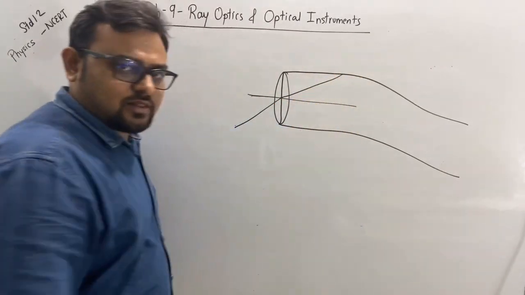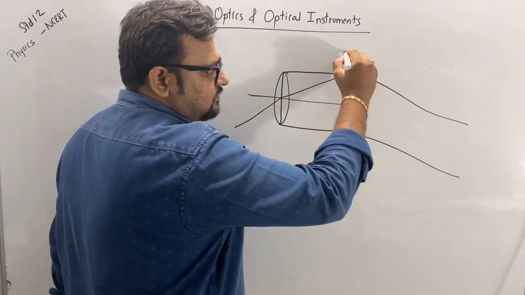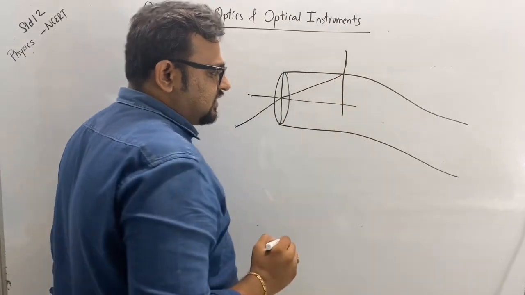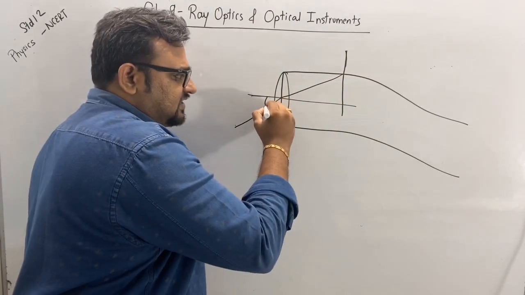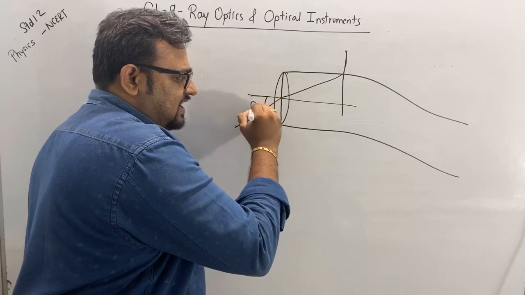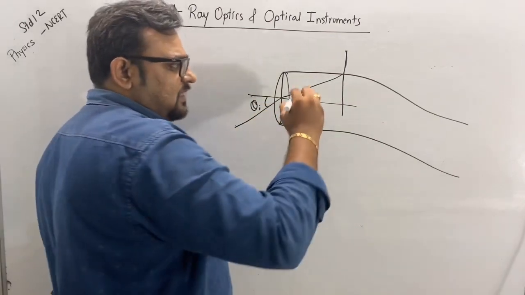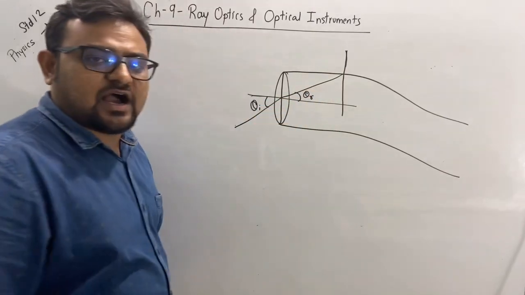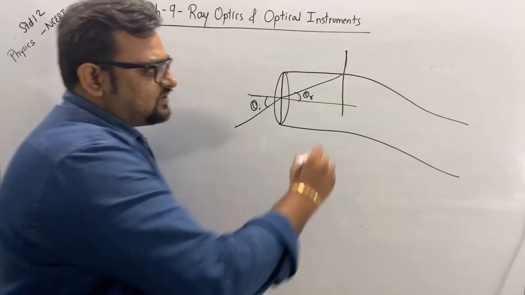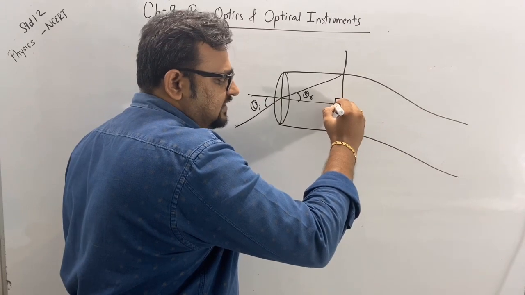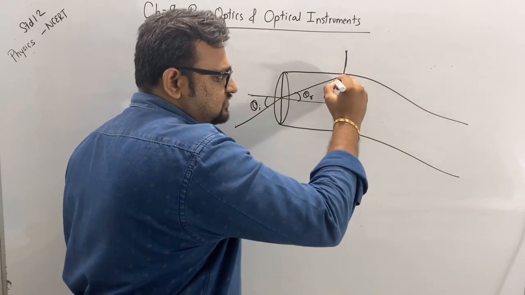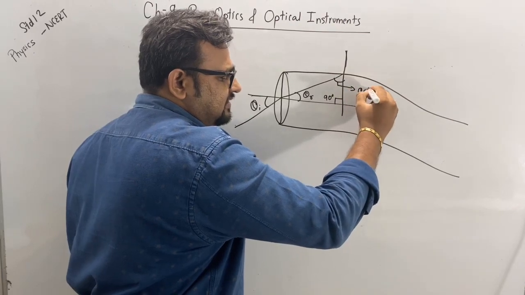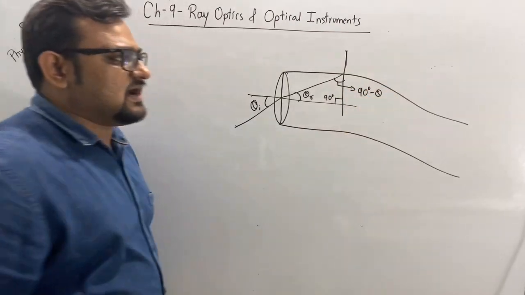Now this is the normal at this place. Say if this is the angle of incidence theta i, then this will be the angle of refraction theta r. Clear? Now this angle, as you can see, is 90 degree, so this angle will be 90 degree minus theta r.